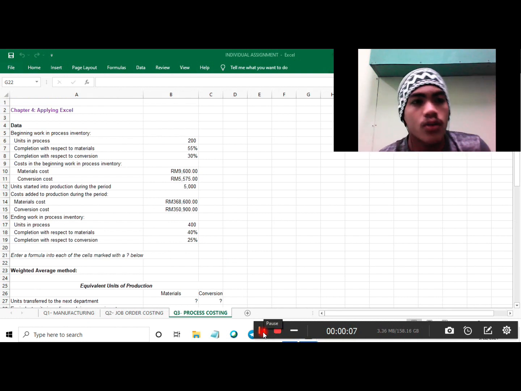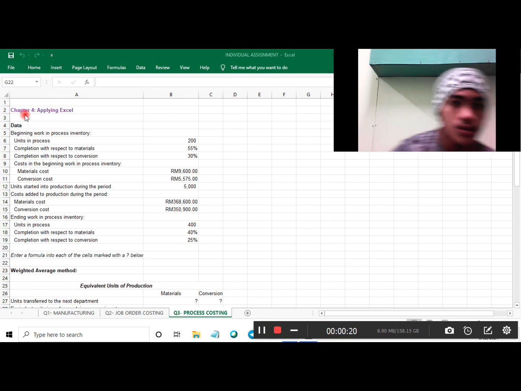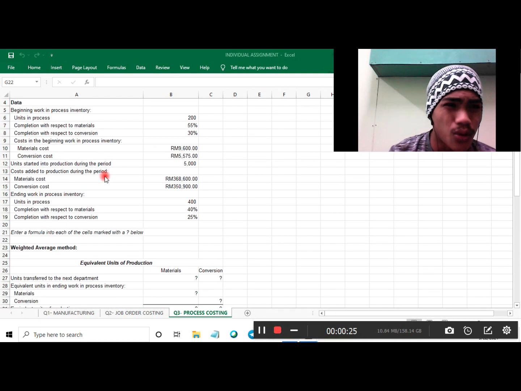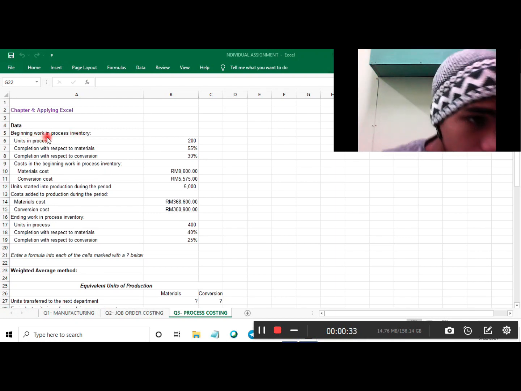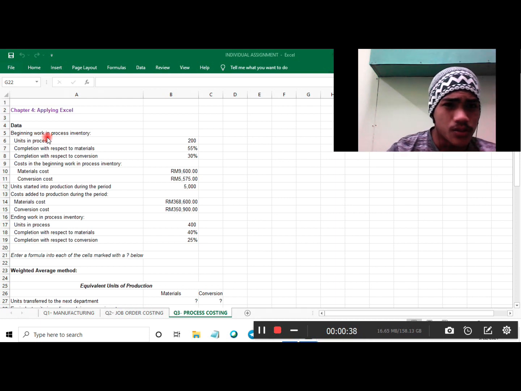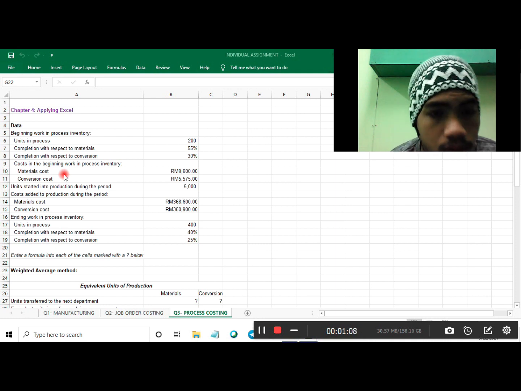Bismillahirrahmanirrahim. Question 3 is process costing, which is chapter 4, applying Excel. We can see the data has many items for process costing. First, we have the beginning WIP, which is work in process inventory. Units in process 200, completion with respect to material 55%, completion with respect to conversion 13%, and then material cost for WIP 6,600, the conversion cost 5,575 ringgit.